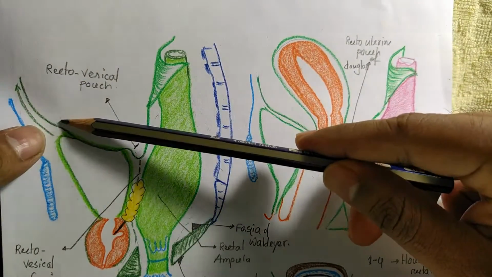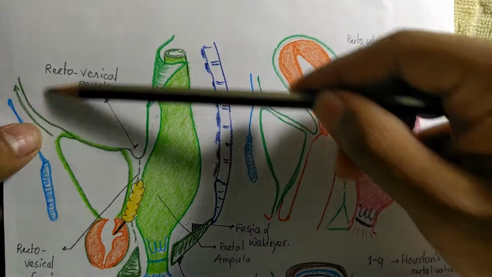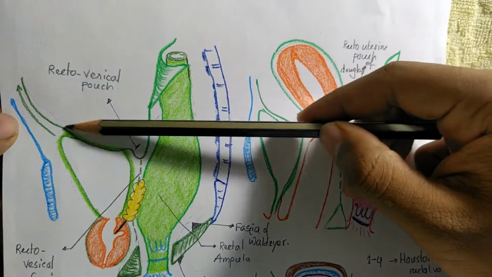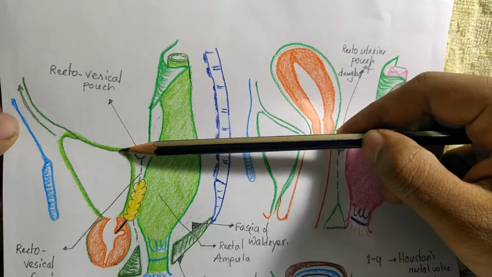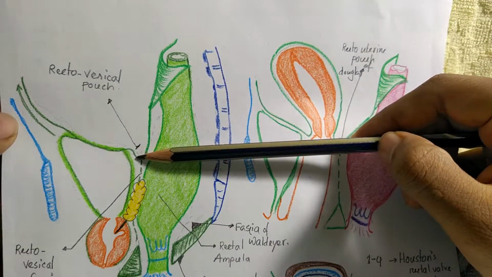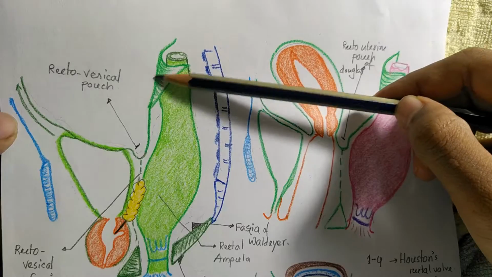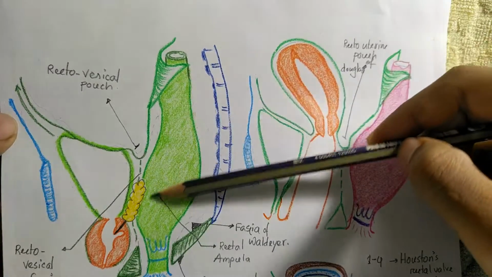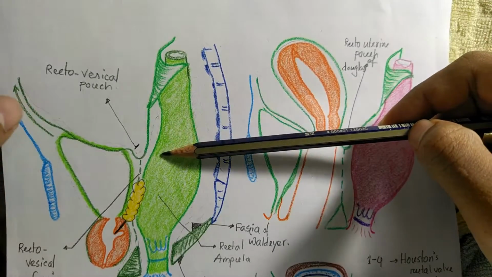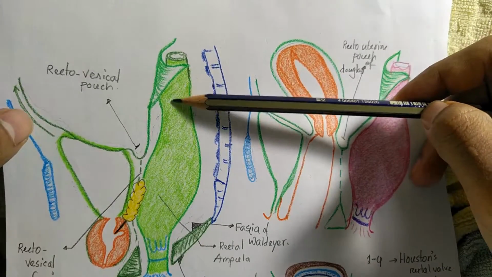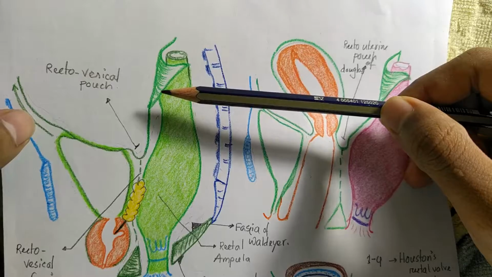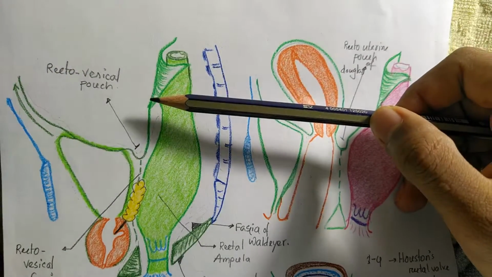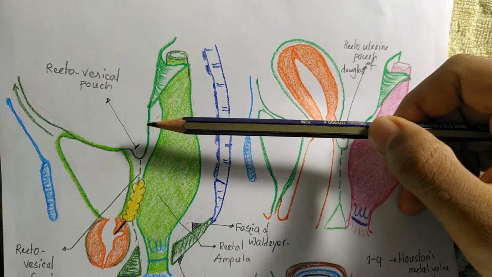You can see there is a huge fold, a layer of peritoneum which goes inferiorly, and there is a gap, and then it continues just anterior to the rectum. The rectum has important peritoneal relationships and extensions.